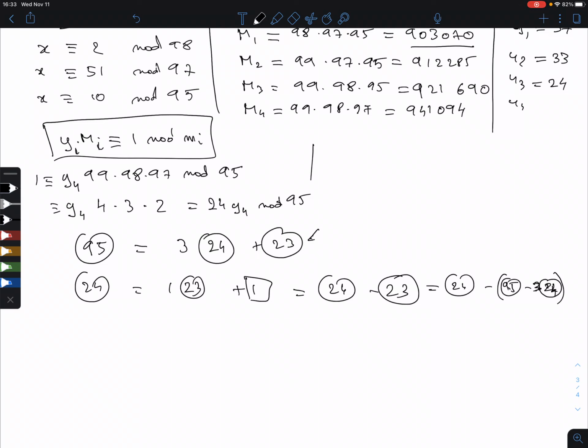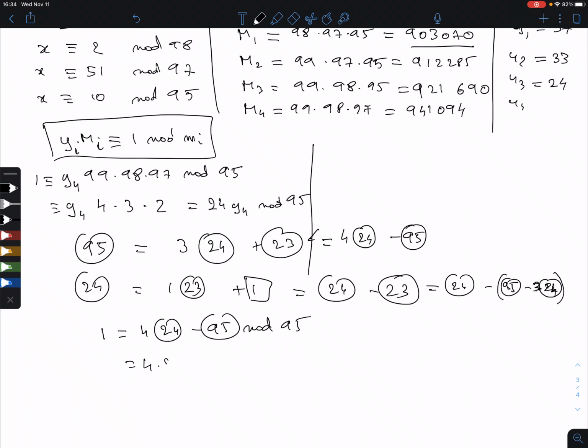So this is equal to 4 times 24 minus 95. Yep, that's still correct. So 1 is the same as 4 times 24 minus 95. If I do this mod 95, the second term is gone, so 4 times 24. So I find that the inverse is 4 here.